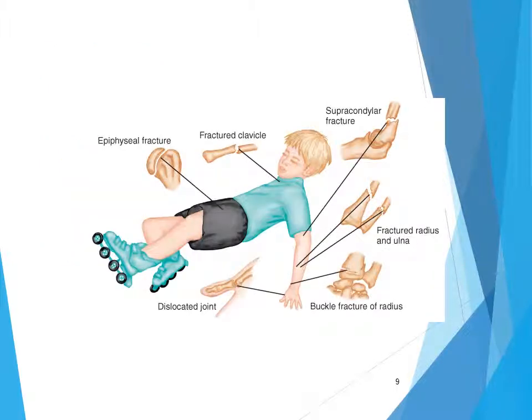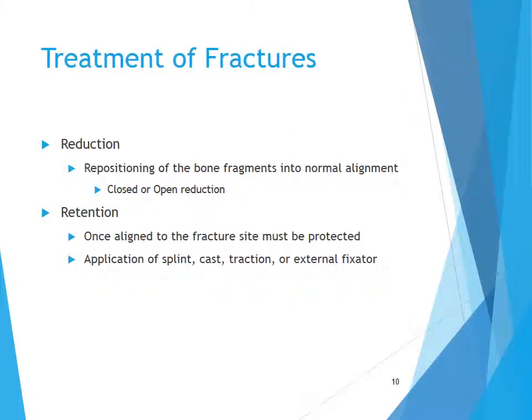Of the different types of fractures that kids can succumb to, they can be from the epiphyseal plate, a dislocated joint, a fractured radius or ulnar, or a supracondylar fracture.